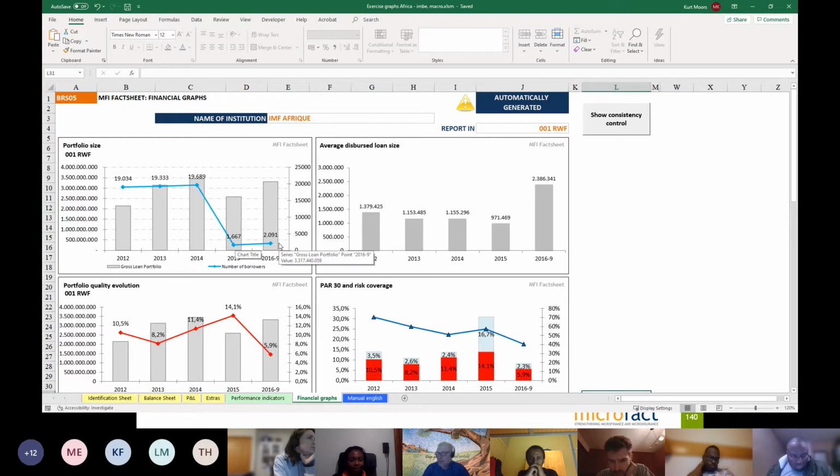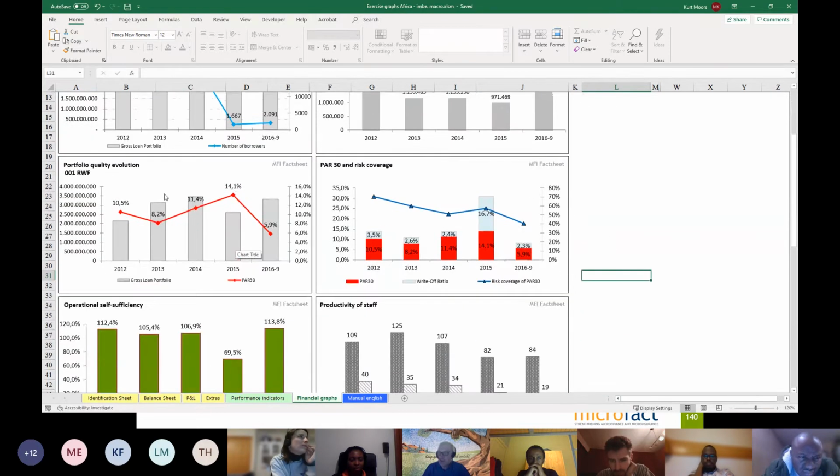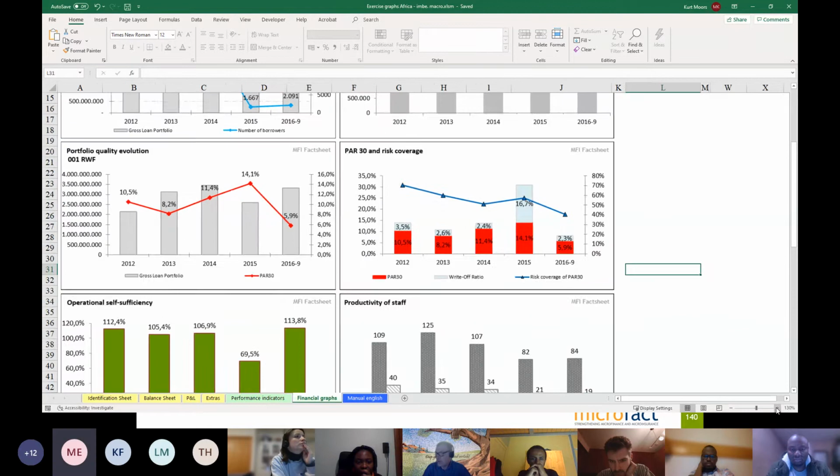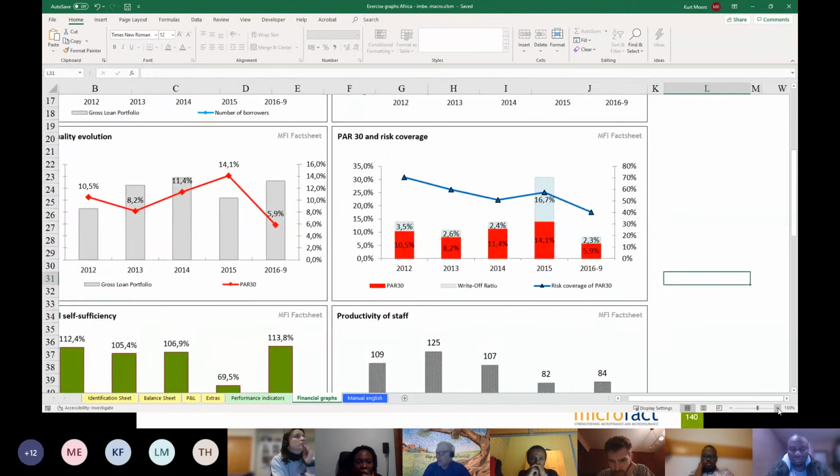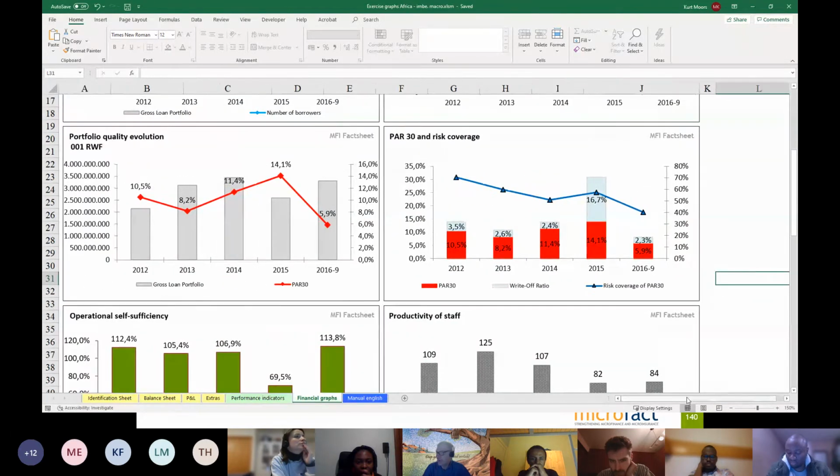I will not discuss it now, but this is for later on. We started with the portfolio quality. You remember less than 5. Is it clear? Can everybody read this, or must I increase the size? Increase a little bit. So that's the best I can do. Now it's full screen for myself. Is that also for you?